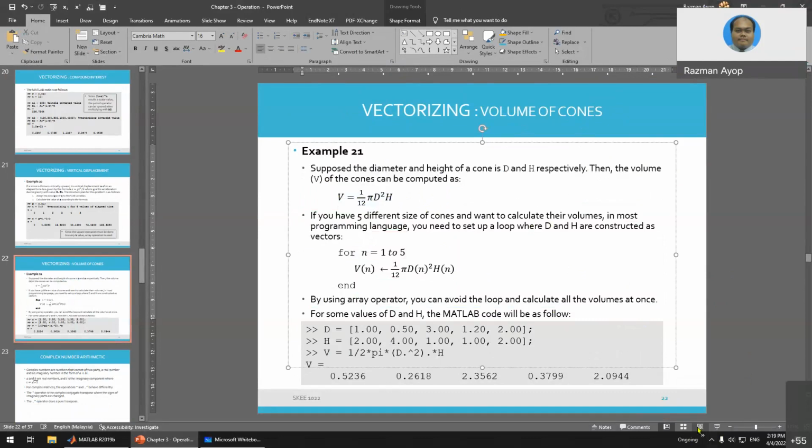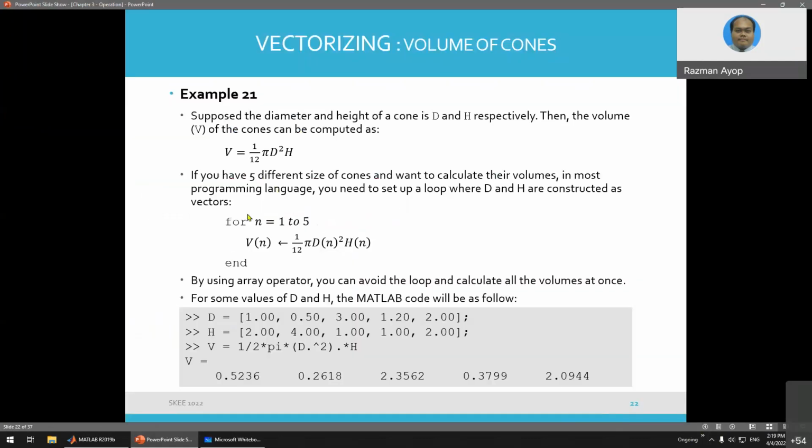If you use another programming language, you have to do this: for n equals 1 until 5, and you have to do something like this, because you have two variables, D and H, changing, so you have to do a for loop.